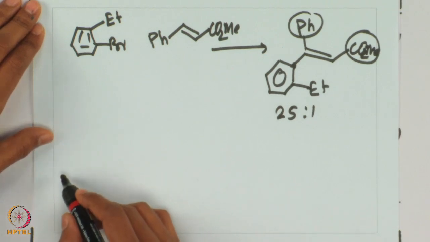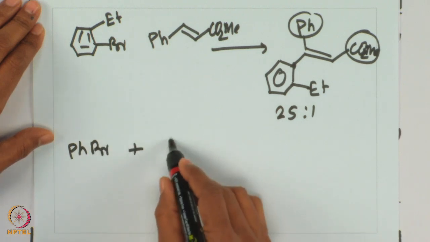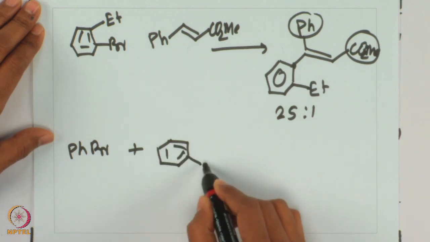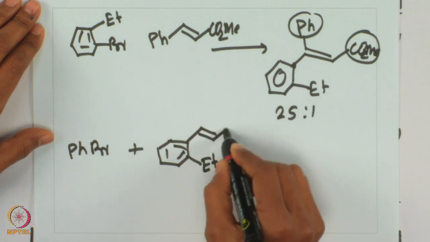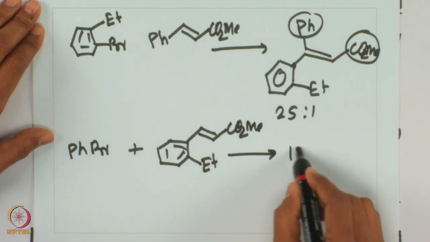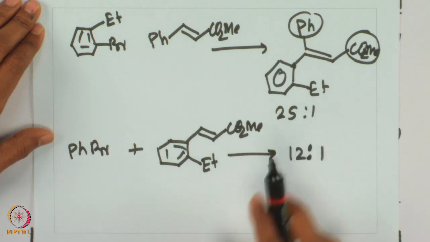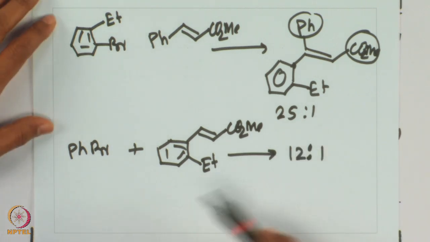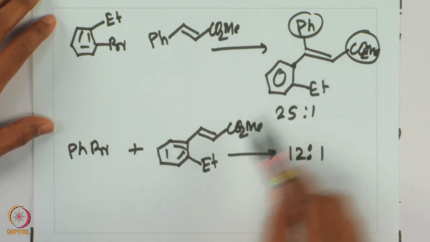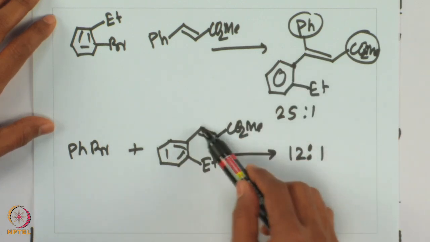If we are taking phenyl bromide during this reaction, what we get is 12:1 selectivity, and in this case the selectivity is thermodynamic control. We take the other one where we get 12:1 selectivity with respect to the product formation, but in this case you see the other way around: the same product we are getting, but starting with this substituent at this side, it is not rotating to the other side, phenyl is actually coming and adding from this side.